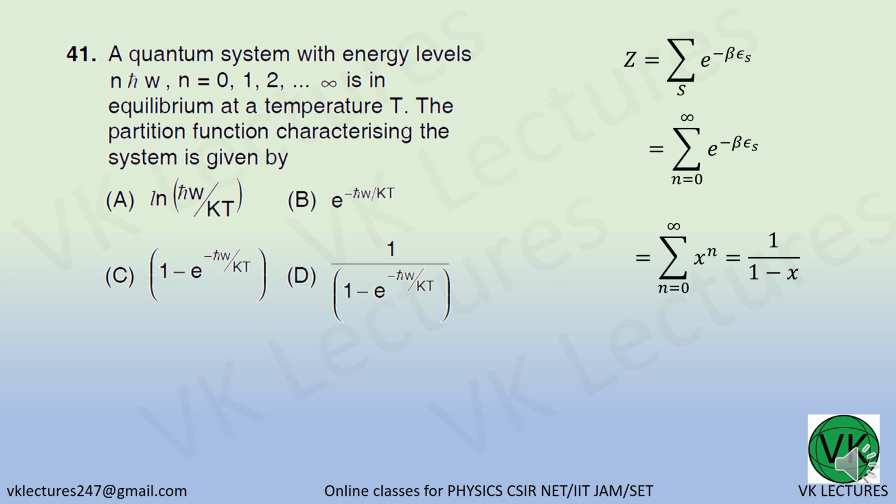A quantum system with energy levels n h cross omega, where n equals 0, 1, 2, etc. up to infinity, is in equilibrium at temperature T. The partition function characterizing the system is given by... Partition function is given by Z equals sum over s of e power minus beta Es, where beta is equal to 1 by kT, and k is the Boltzmann constant.